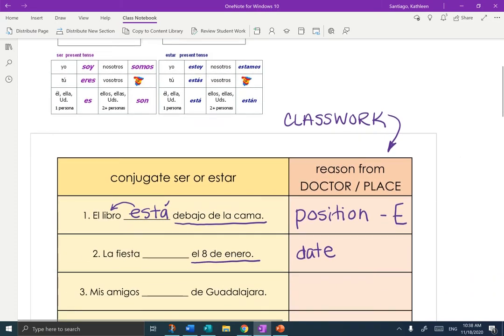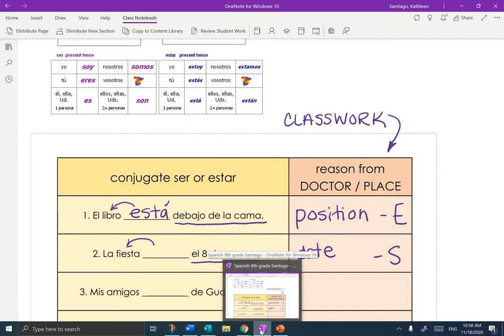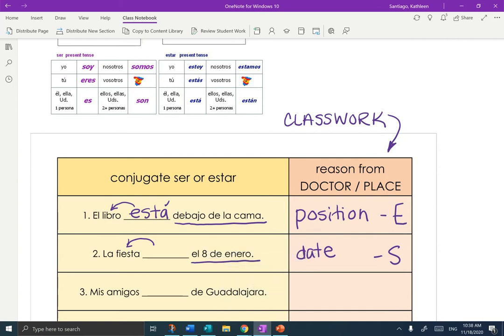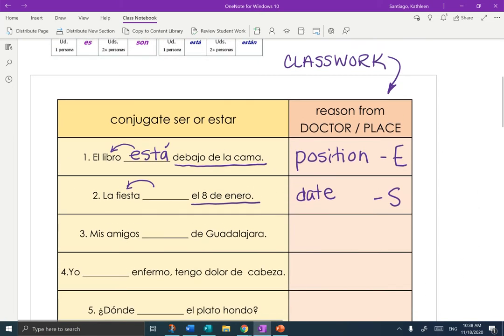And so I'm going to write an S here. Now conjugate ser to match la fiesta. How many parties are we talking about? Just one. So that would be está. La fiesta, no, it's not. It's ser. Ugh, see, I'm already getting it goofed up. Everybody makes mistakes. It's about fixing them. La fiesta es el 8 de enero.